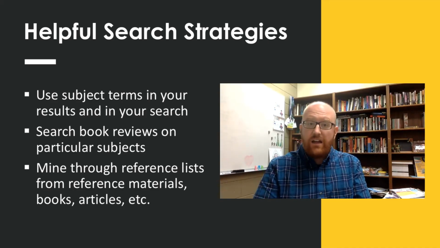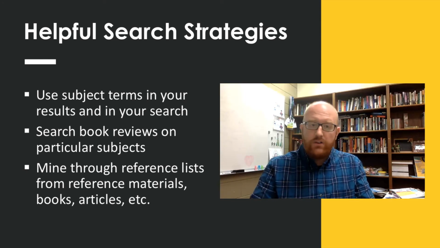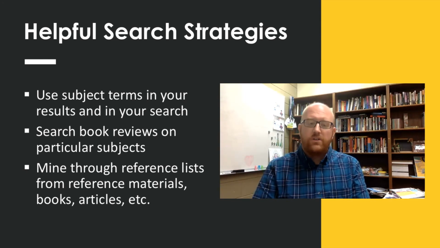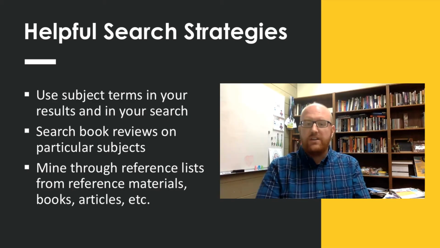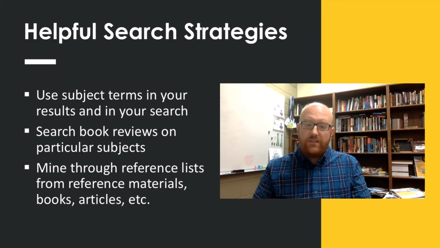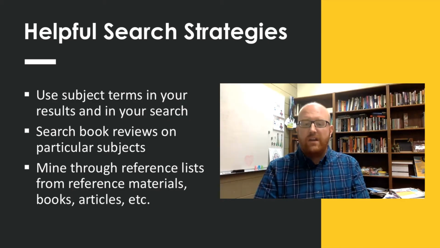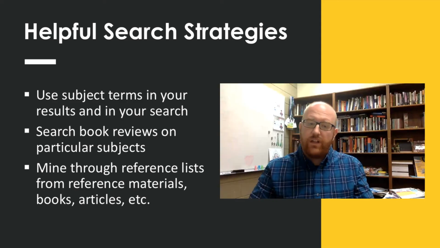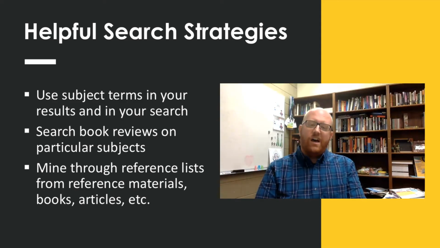And more often than not, you're going to find one, two, three or more sources that are also going to hit your topic as well. So again, this is a great way to connect the dots, if you will, and create a research path instead of just trying to flail in the wind with your research.